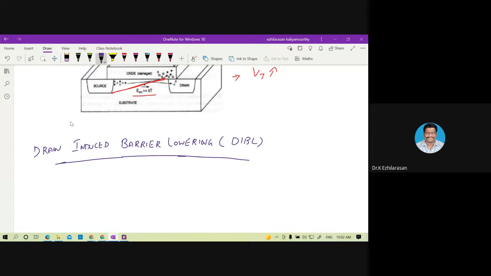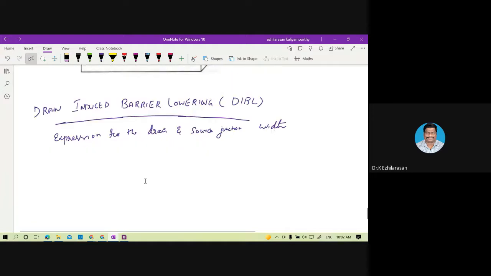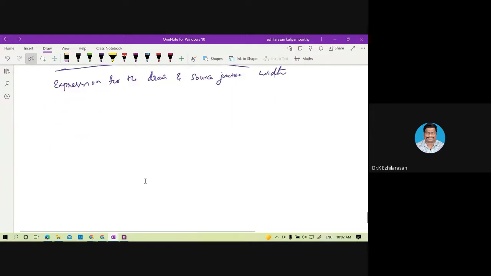Let us write the expression for the drain and source junction widths.